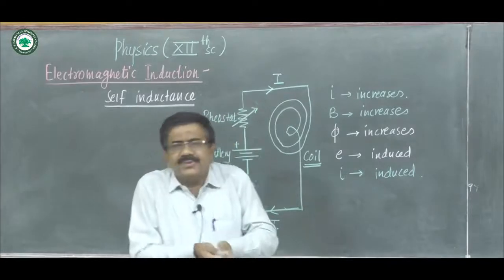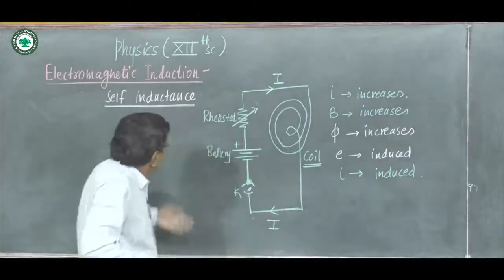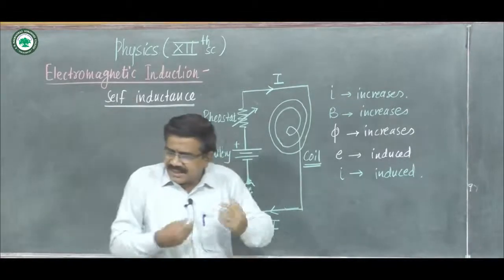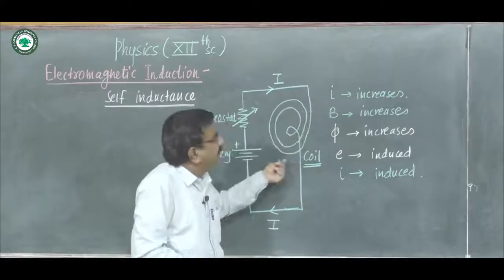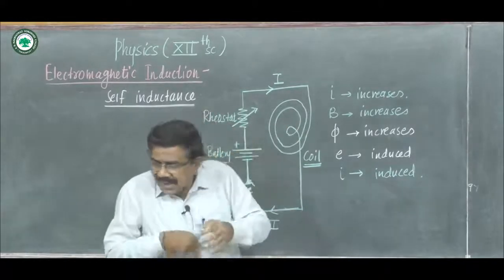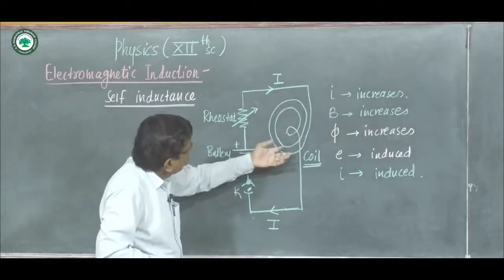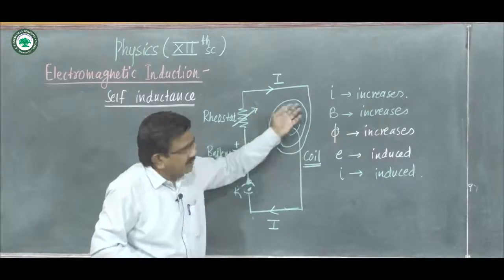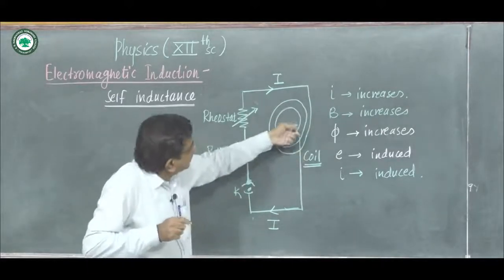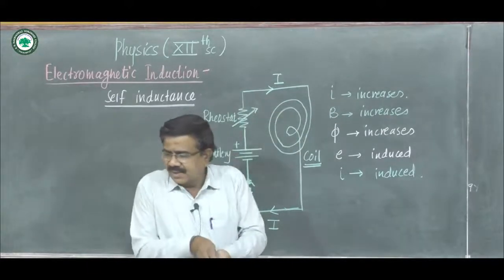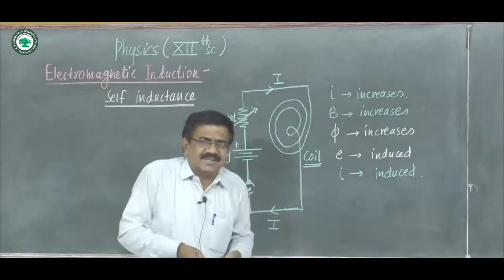So what is the self-inductance? Production of induced EMF in a circuit or coil itself on account of change in current in it, or production of induced EMF in the circuit due to changes of current in the same coil, is called the phenomenon of self-inductance.